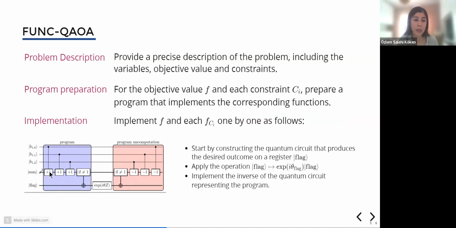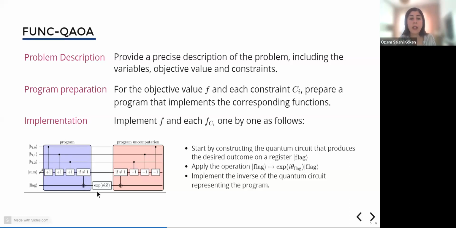We are not going into details of those plus ones and if not equals to 1, but all can be done using quantum gates, actually also classical gates in a reversible manner. So I check if this is equal to 1, and if this is so, I increment the sum here. I do this for all bits. And if the summation is not equal to 1, I set flag to 1.